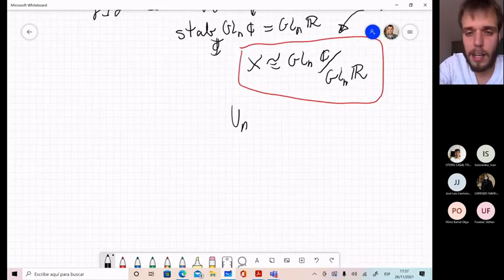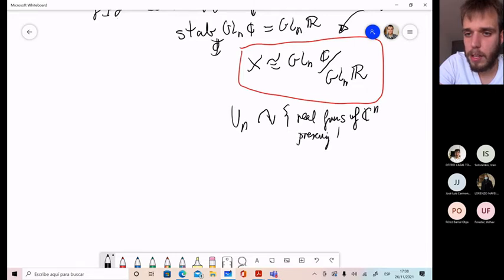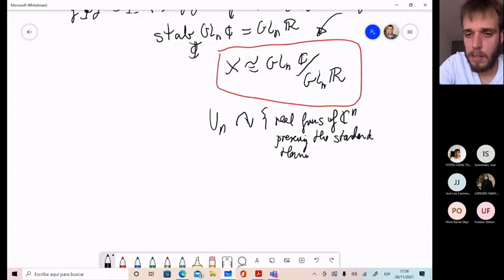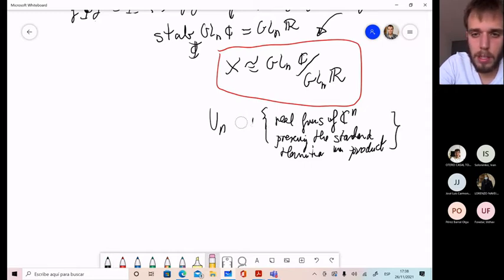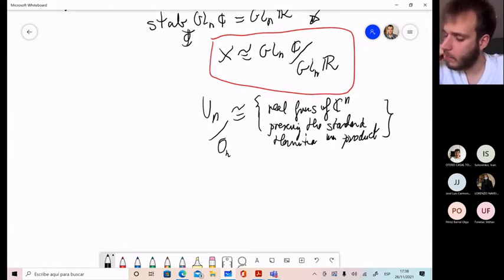So when I act on this set of real forms of C^n preserving the standard Hermitian inner product, what you can do is prove that this is isomorphic to U(n) mod O(n). And this is now a symmetric space.